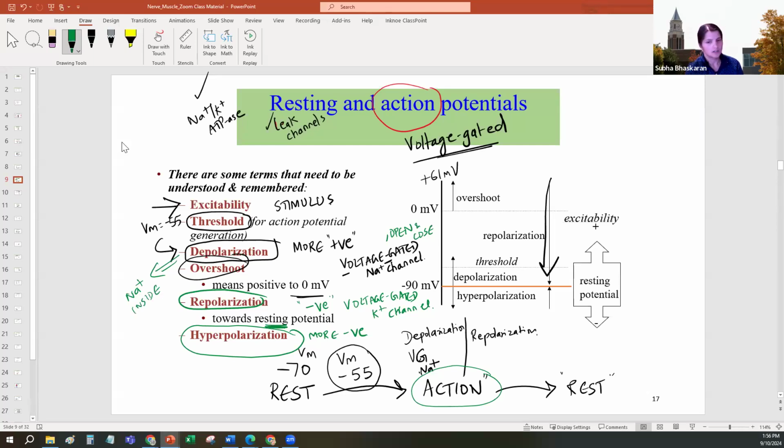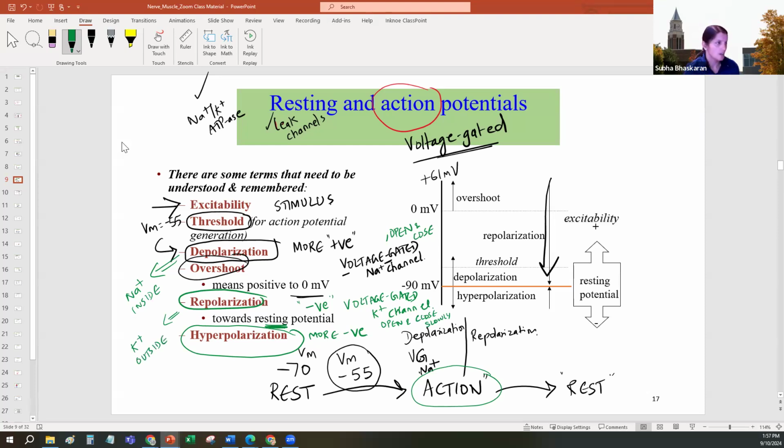Correct? Okay. And then the voltage gated potassium channels, they open and they close slowly. Eventually, what happens here? It's stuck outside. Got it?